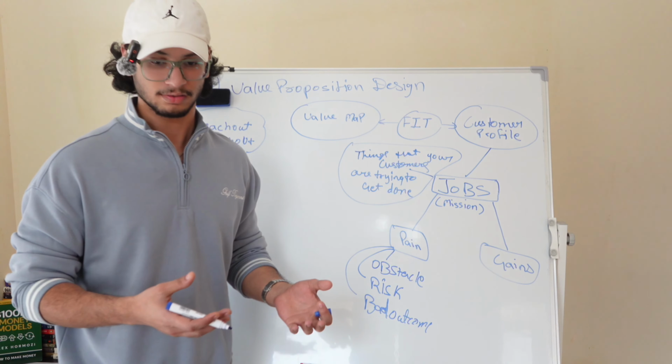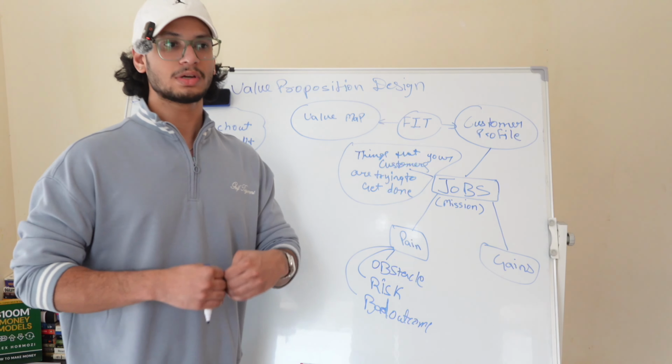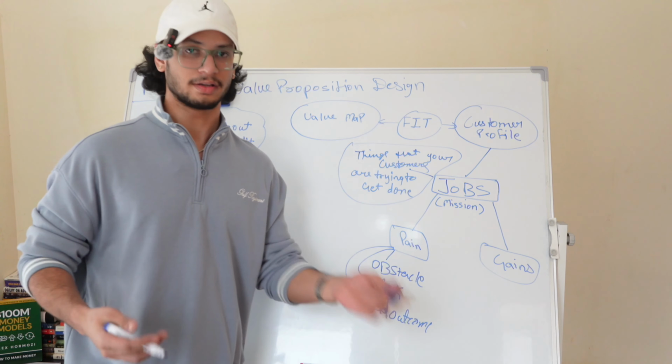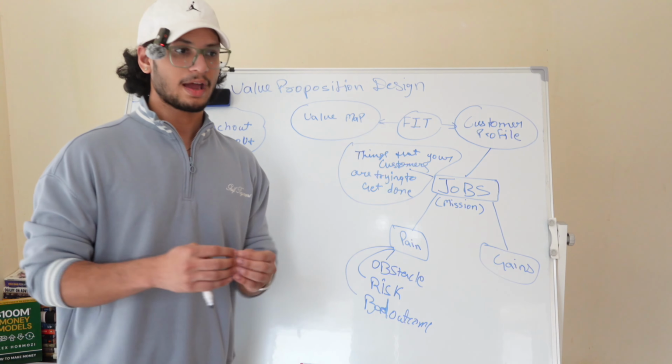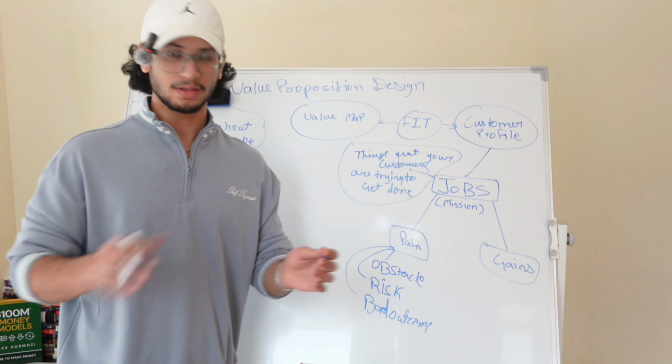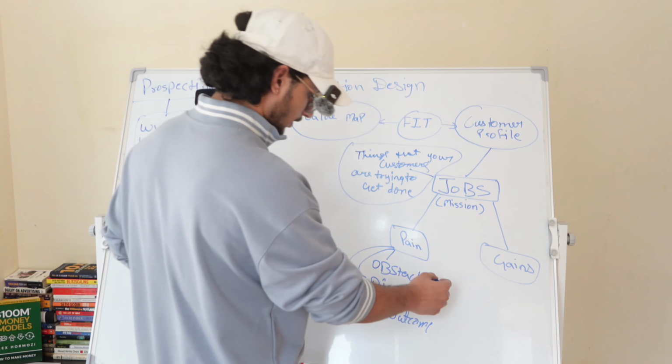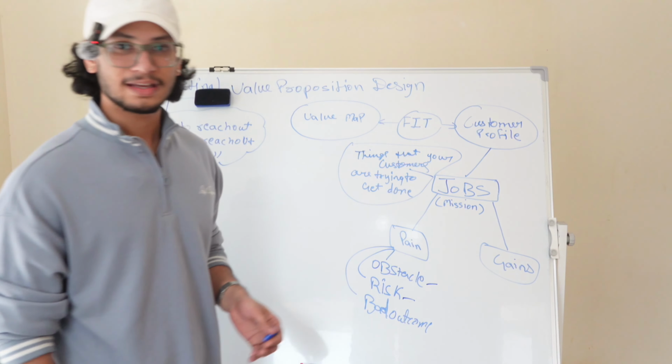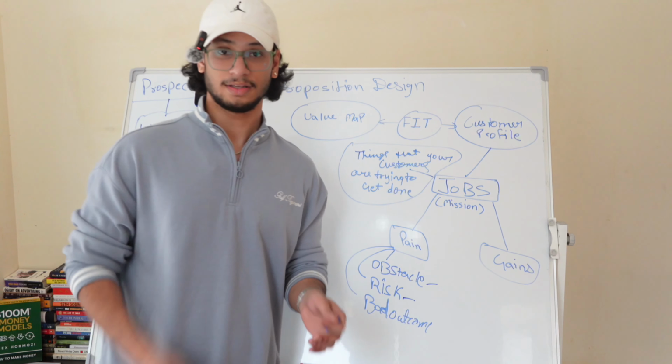That's an obstacle, right? They have to create content every single day on LinkedIn. That's an obstacle. They have to create content on Instagram or anything. That's an obstacle. When it comes to risk, let's say running Facebook ads for your business, that's a risk.